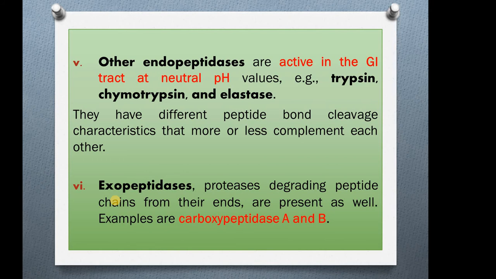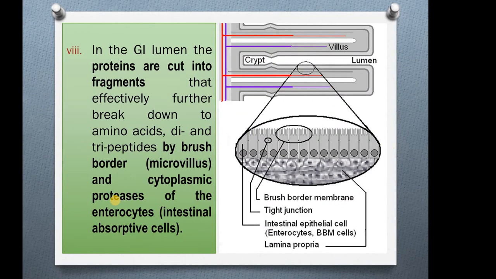Another one is exopeptidase, protease degrading peptide chains from their ends, and are present as well, example of carboxypeptidase A and B. So then in general البروتين اللي يدخل راح يتكسر to different mono, di and tripeptides.